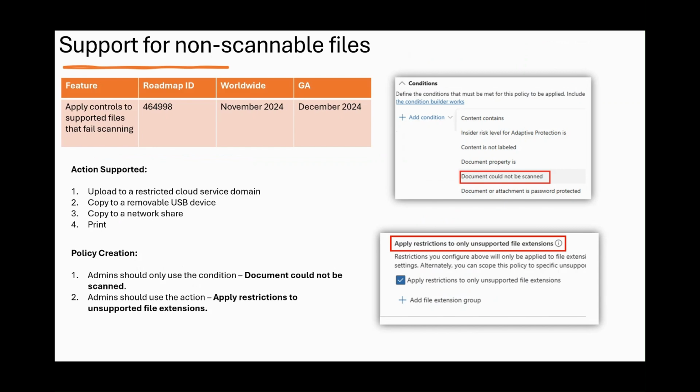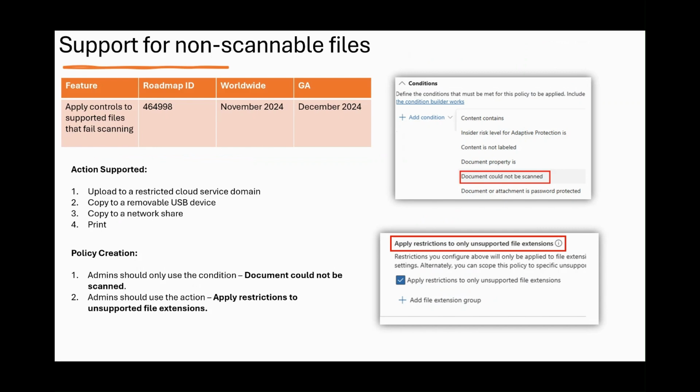Now, when you use document could not be scanned, you should not be using any other conditions, you cannot use any other condition along with it, and this condition is going to provide a kind of blanket coverage for the files that are currently not scanned as part of Purview DLP.